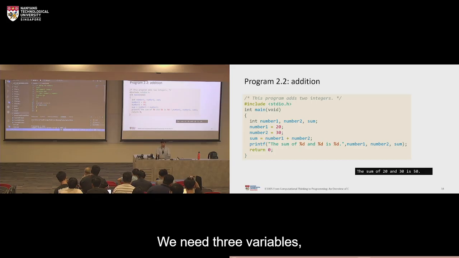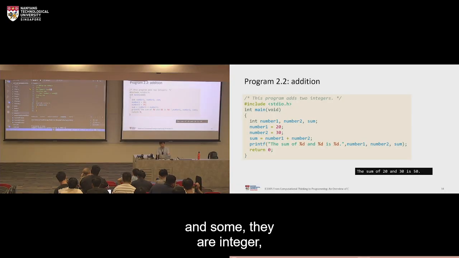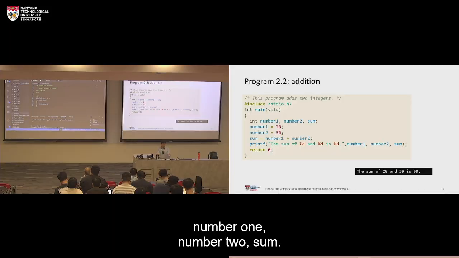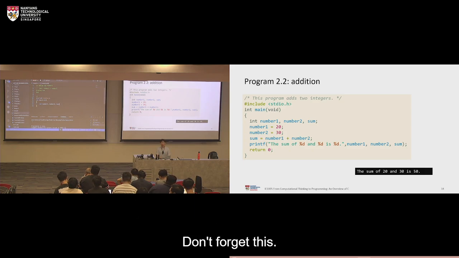Then let's follow this. We need three variables, number 1, number 2, and sum. They are integer: number 1, number 2, sum. And after the statement, always use semicolon. Don't forget this.